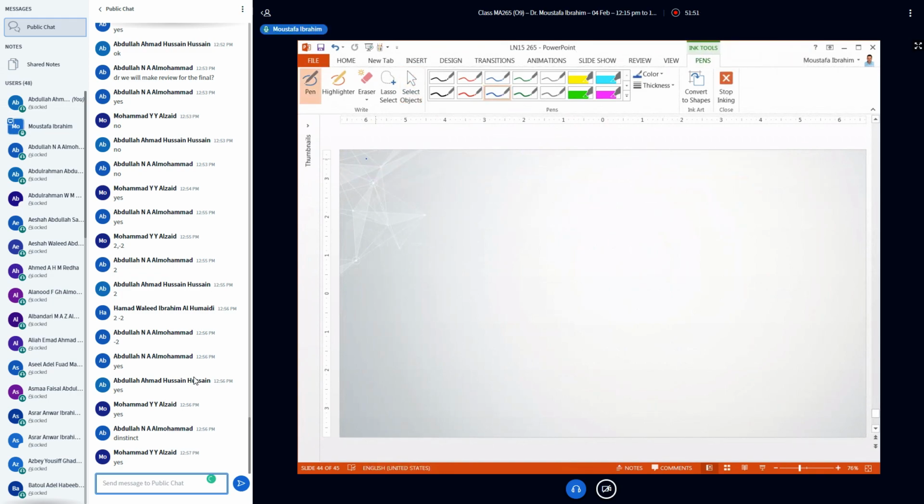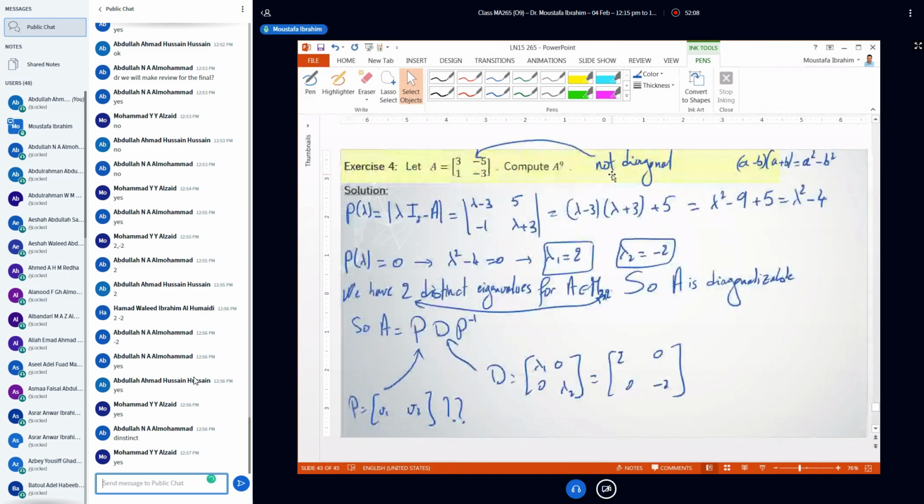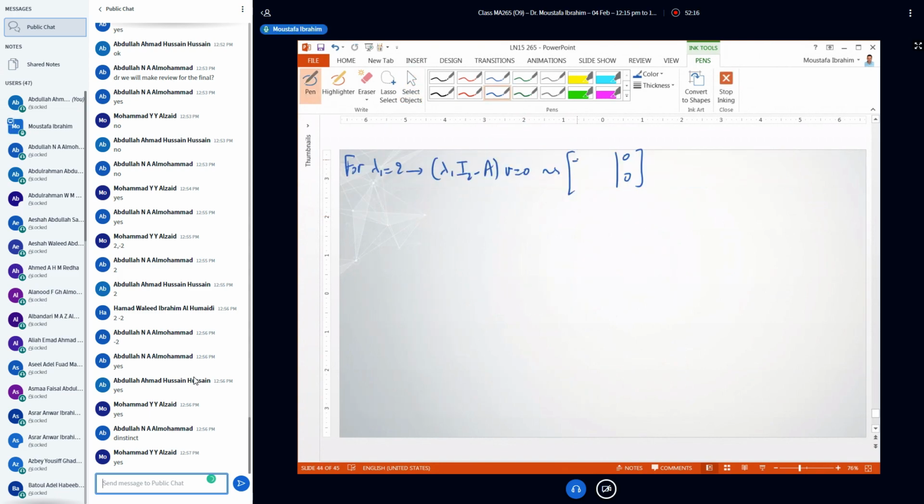So let's find V1. For lambda 1 equal to 2, we solve lambda 1 I2 minus A, times V, equals 0. So let's write the augmented matrix. Put 2 instead of lambda: 2 minus 3 is minus 1, and 5, minus 1, and 5.